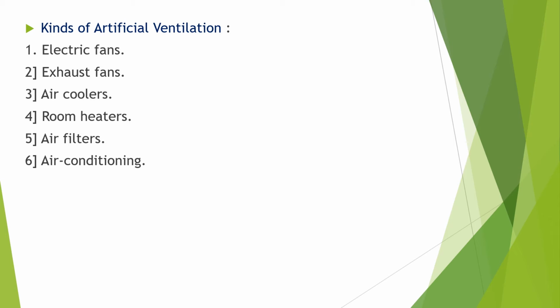Next is air filters. The air filter is used to ensure that the outside air which enters the room becomes dust free and clean. And last is air conditioning. Air conditioning is usually the most suitable form of ventilation.